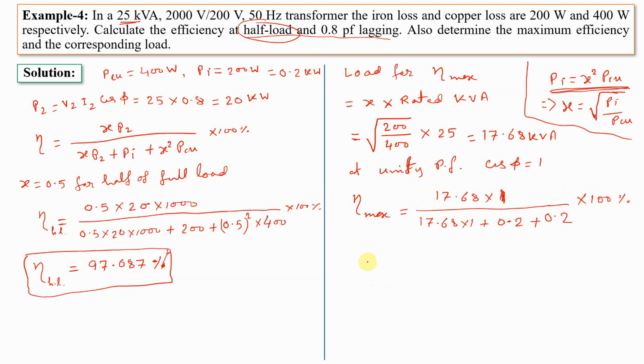So we will get the maximum efficiency of the transformer at unity power factor as 97.788%. So this is the maximum efficiency.